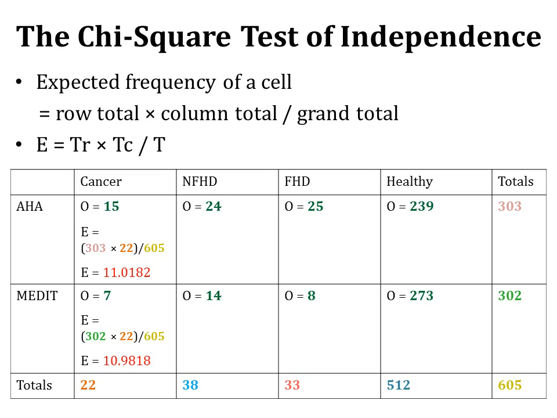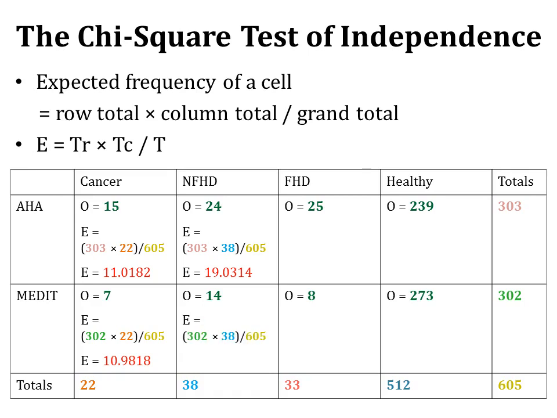Then the next cell, we have the non-fatal heart disease cases on AHA diet. The expected frequencies are row total 303 multiplied by the column total 38, and then they are divided by the grand total, which is 605. The expected frequency is 19.0314. And then we have the non-fatal heart disease cases on Mediterranean diet.